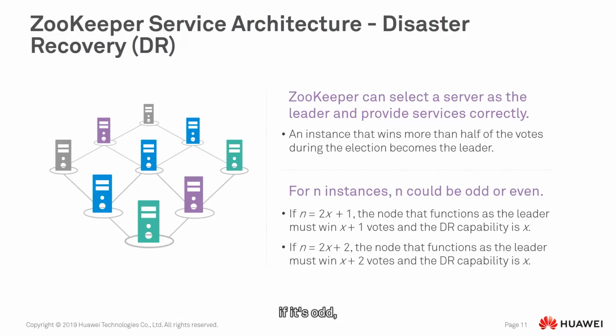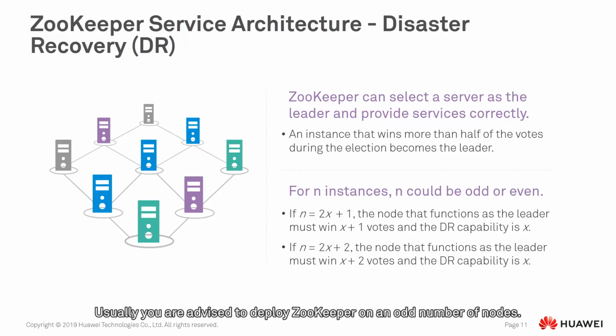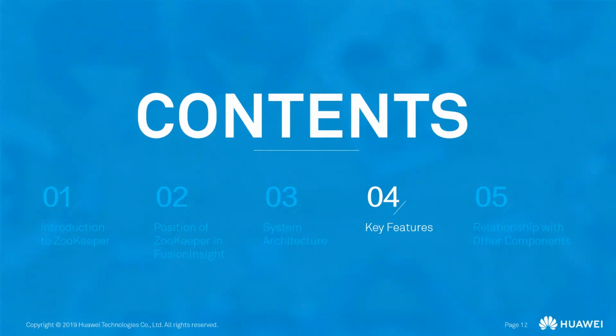For example, if it's odd, assume 2x plus 1, then the server needs more than x plus 1 votes to be a leader, and the disaster recovery capability is x. If it's even, assume 2x plus 2, then it needs more than x plus 2 votes to be a leader. Usually, you are advised to deploy ZooKeeper on an odd number of nodes.